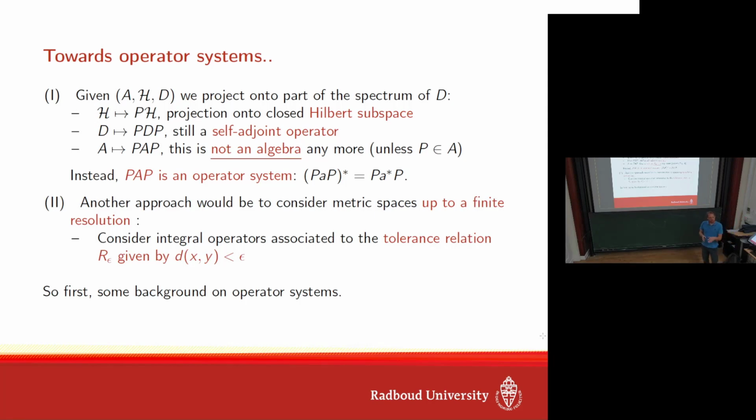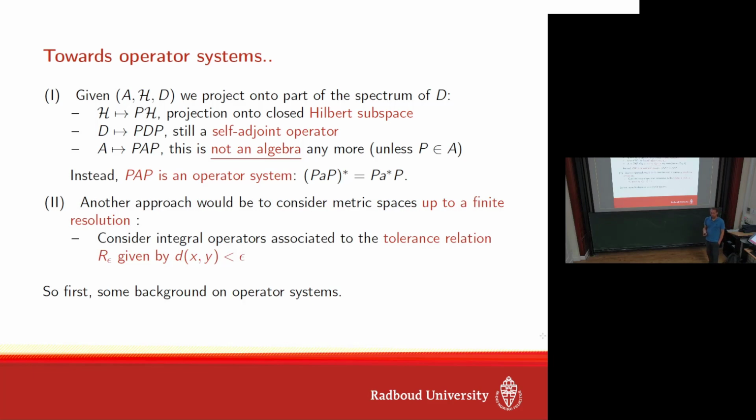Now, what happens if you have an equivalence relation? Then you could associate the C-star algebra to the relation, which you are probably all familiar with. It's essentially a groupoid C-star algebra, and it's really just integral operators which are supported on that relation. If this is only a tolerance relation, I cannot take products, because the convolution product will move me outside, making this epsilon like twice epsilon, etcetera.